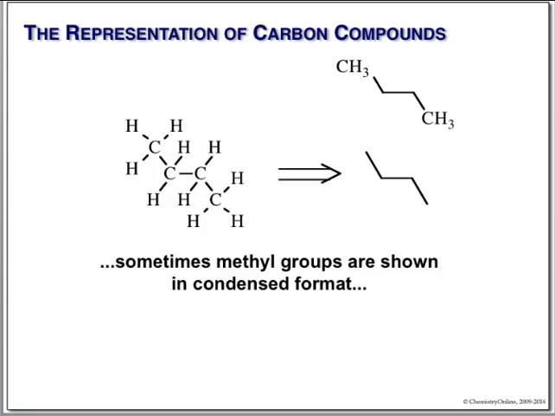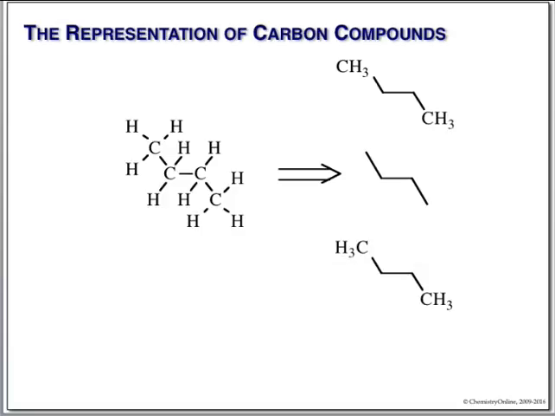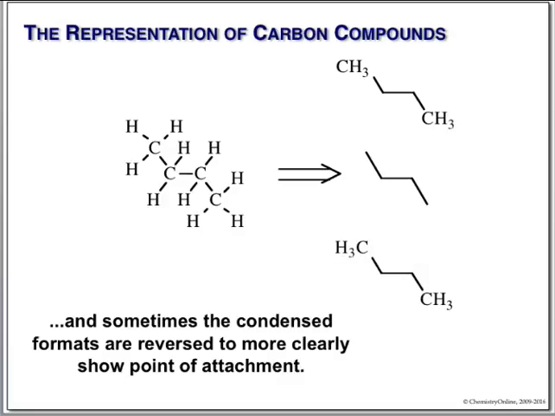Now, if you look at this, this one kind of makes sense, but this guy up here, you look at it and say, well, wait a minute, where is this bond going to? It's not going to the hydrogen for sure. So to be a little more correct, quite often people will reverse it. And you'll have H3C and CH3 on the two ends.